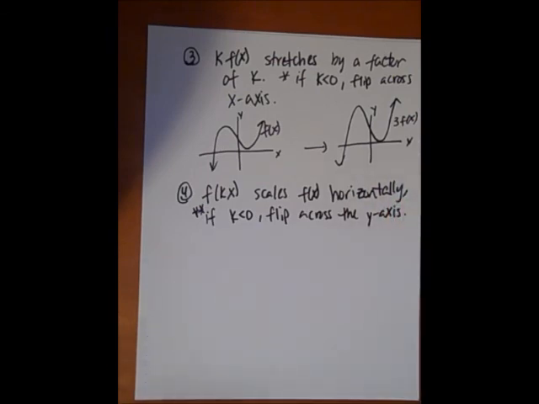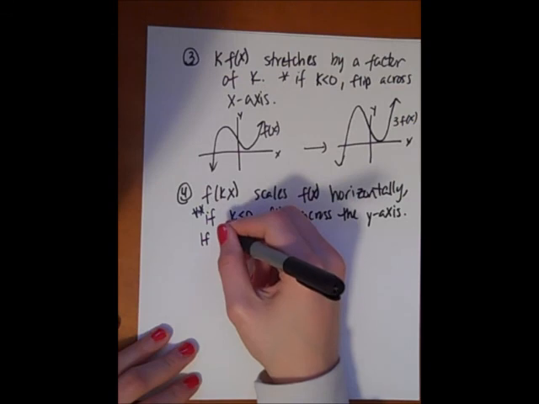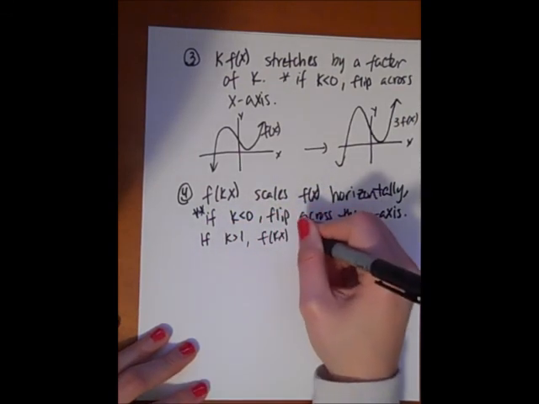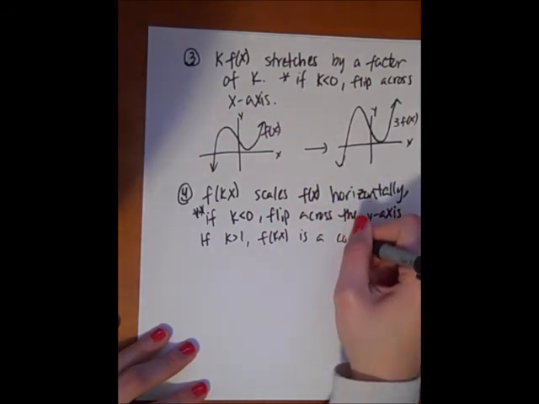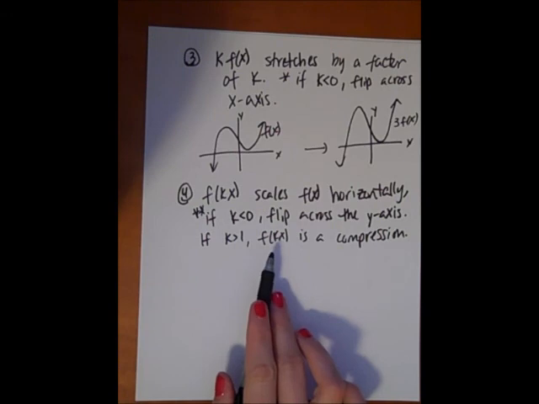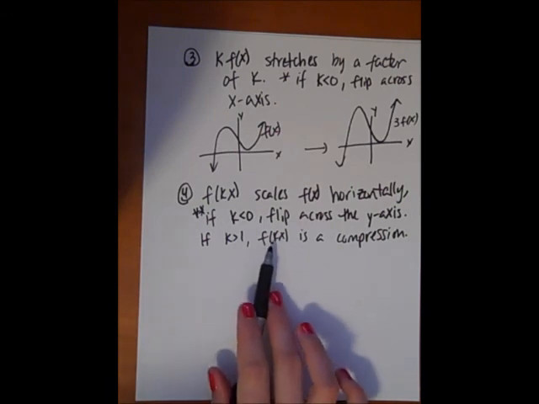I do want to say it scales it horizontally, kind of the opposite, just like we did before. So if k is greater than 1, then f of kx is a compression. You would think that multiplying all your x's by something larger than 1 would stretch it horizontally, but no, it doesn't. It's the opposite.